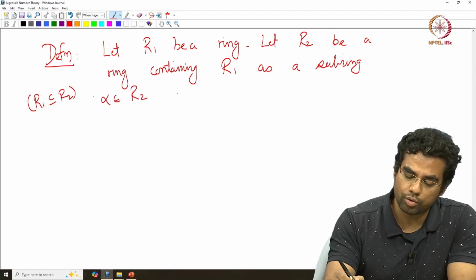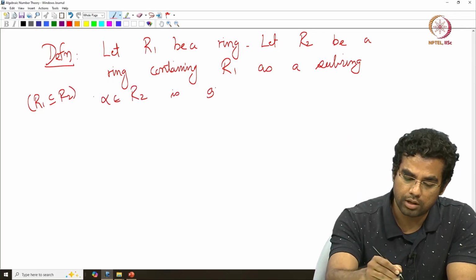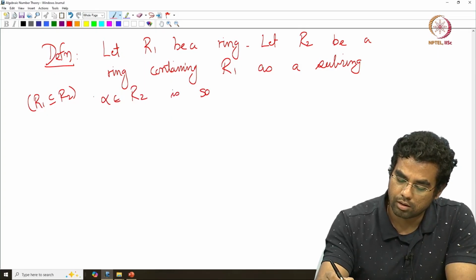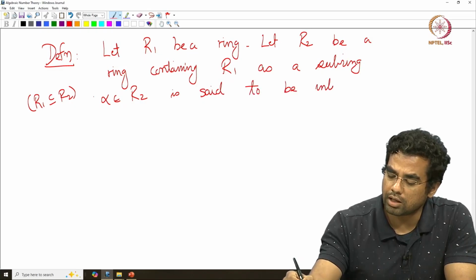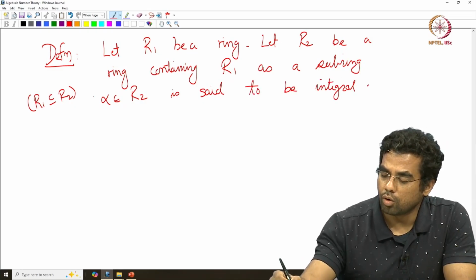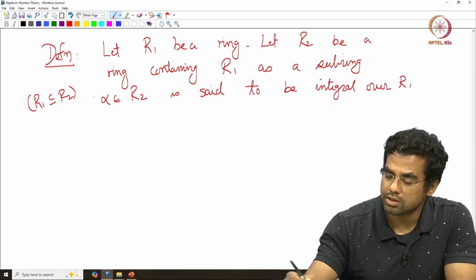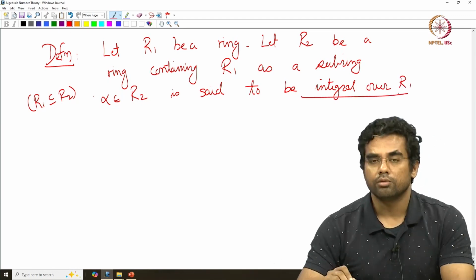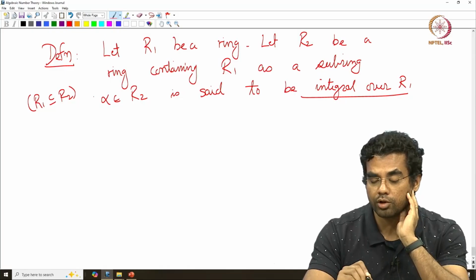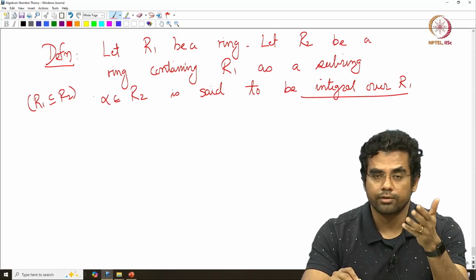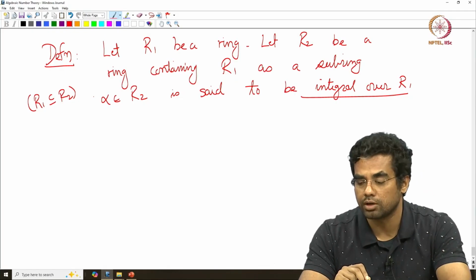Alpha in R2 is said to be integral over R1. This is very similar to what I defined last time about being algebraic over a smaller field, but in the context of rings, these are called integral elements.